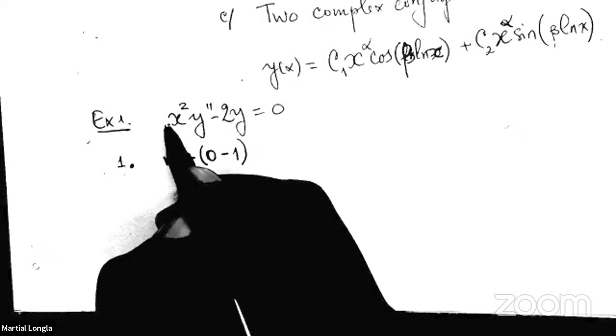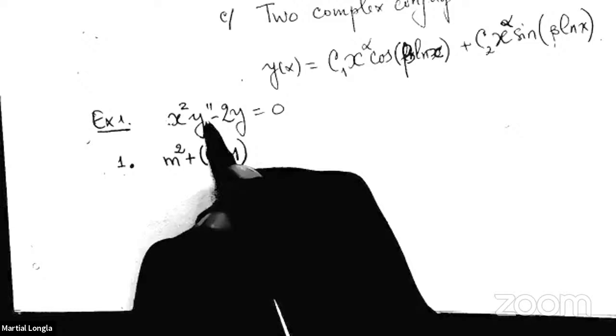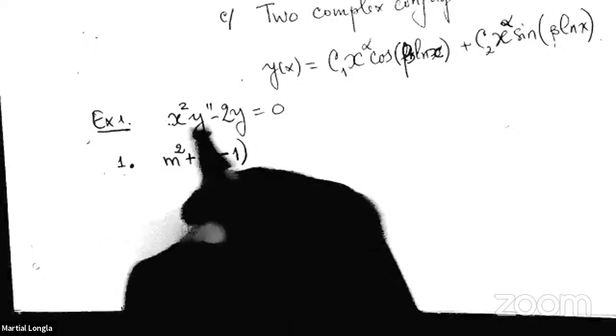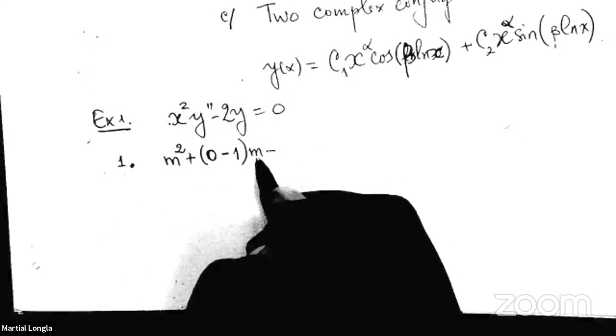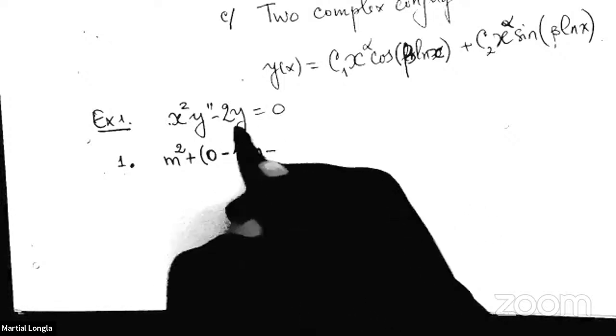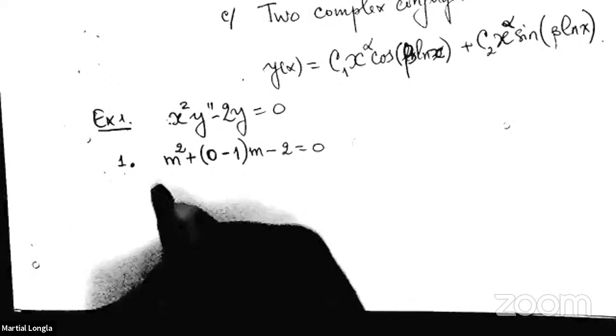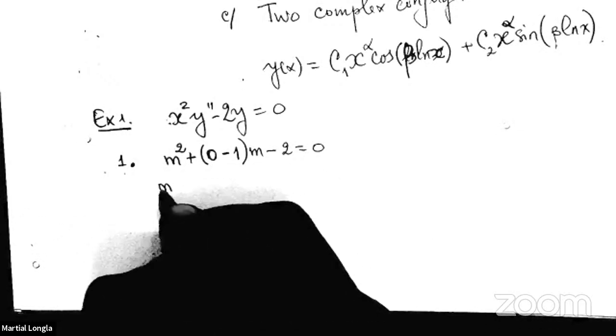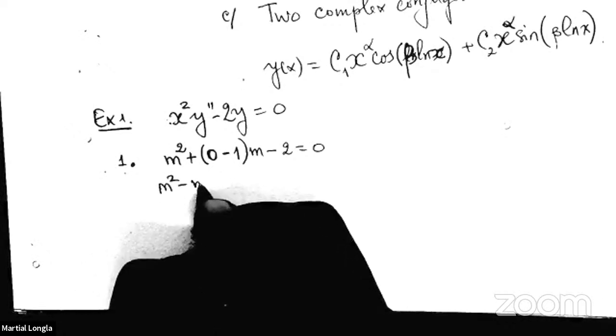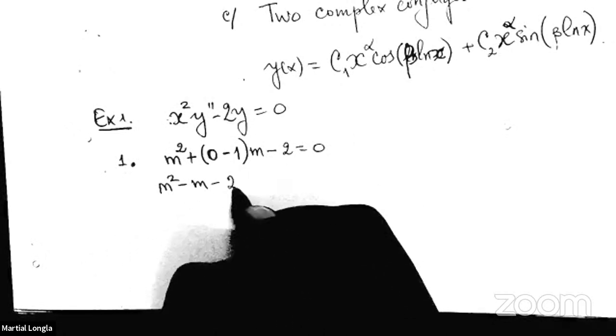So m squared, because the coefficient is 1, plus b, which is 0, minus 1, m, plus c, which is minus 2 in this case, equals 0. So the equation is m squared minus m minus 2 equals 0. And that's a quadratic equation, so you use the quadratic formula to solve it.